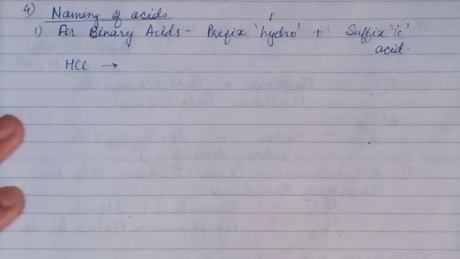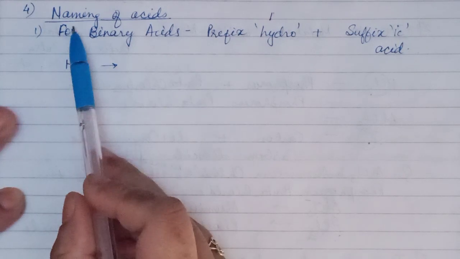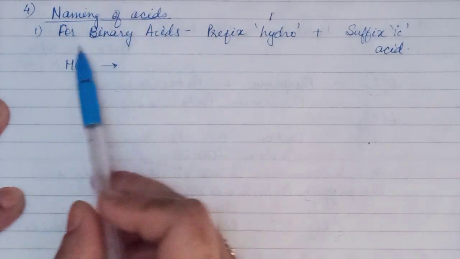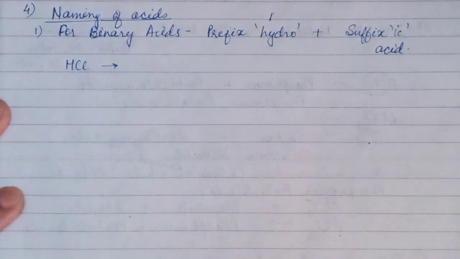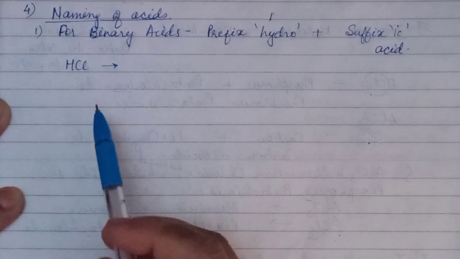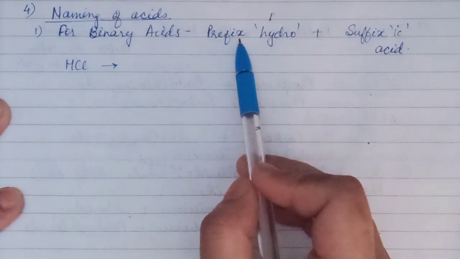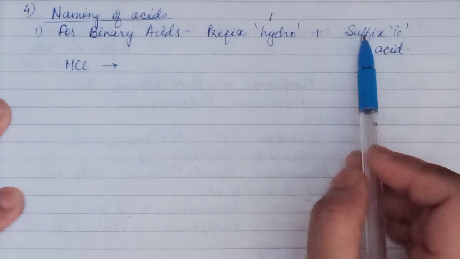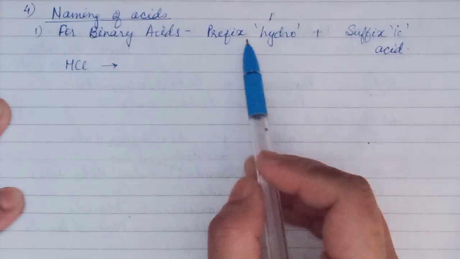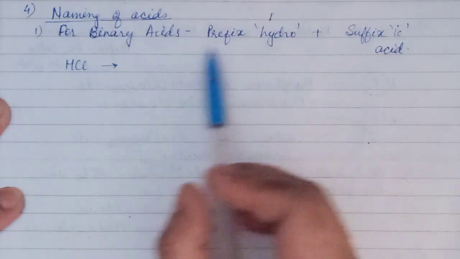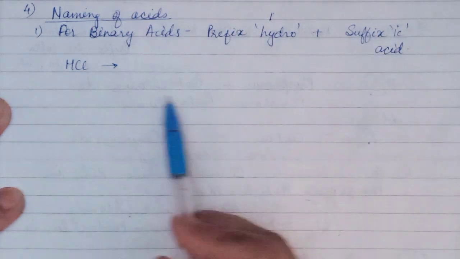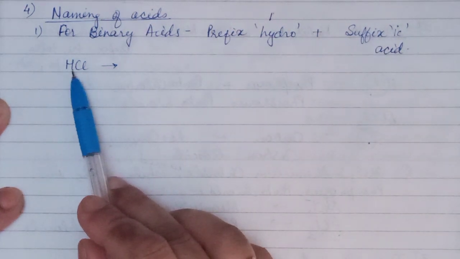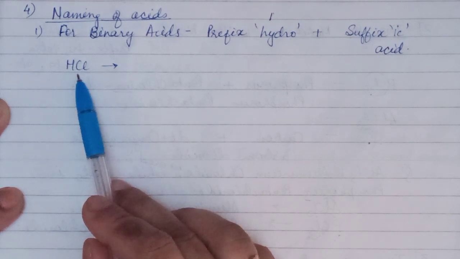Now see children, we have to write the names of some common acids. First is for binary acids. Binary means the acid in which only 2 elements are present. If out of 2, one is hydrogen and the second is any other element, then you will write hydro for hydrogen and a suffix will be added with the second element. Here is one example, HCl.